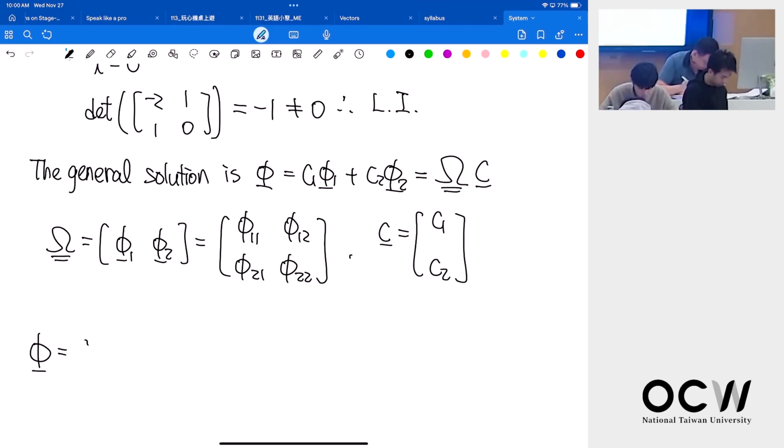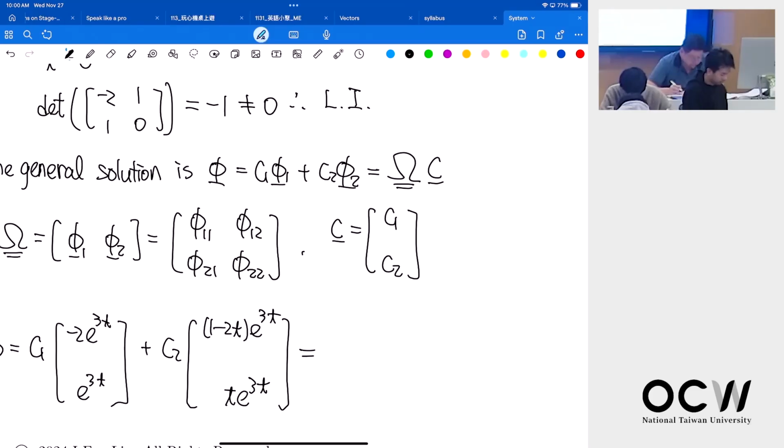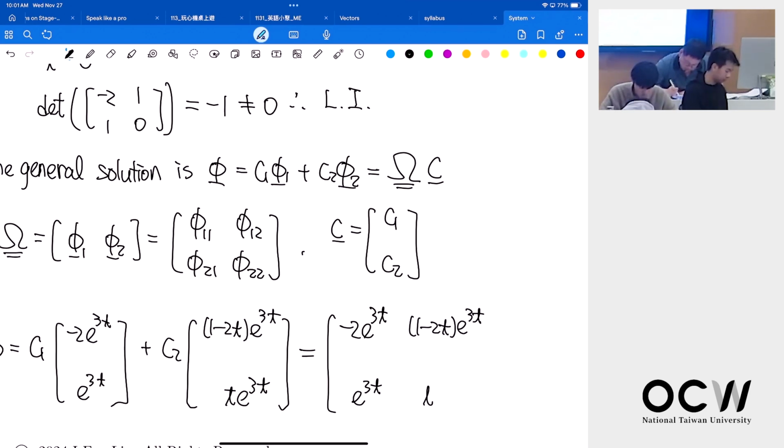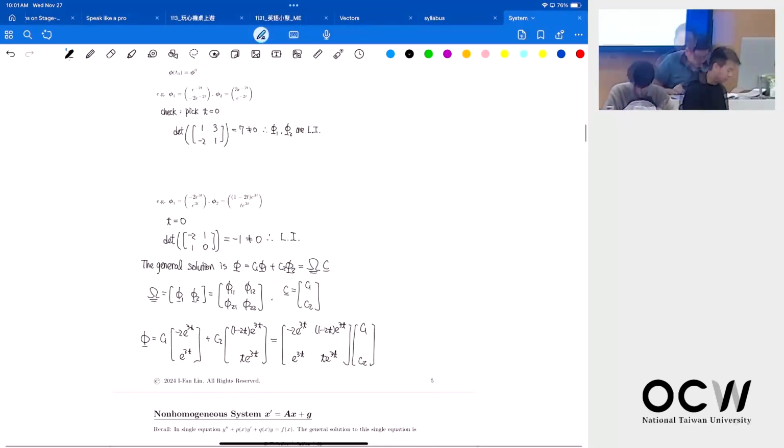Now your solution, C1 phi 1 plus C2 phi 2, can also be written as a fundamental matrix omega times the constant vector C. Any questions for this one?